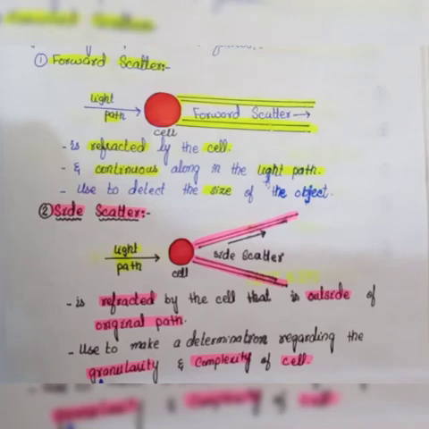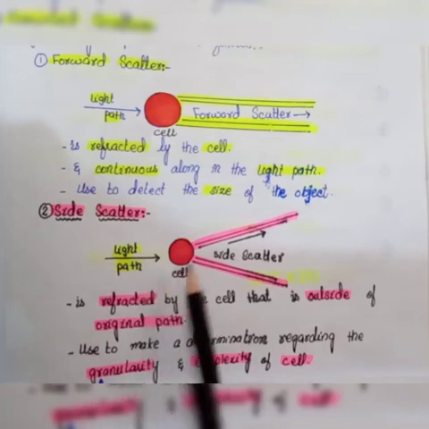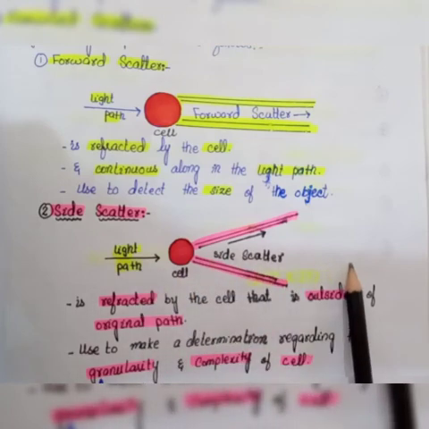Second, we have the side scatter. When the cell passes through the laser light, some light is also scattered to the side. So here we have the light path, and the cell shows the side scattering, refracted by the cell outside the original path, because the original path is basically the forward scattering.